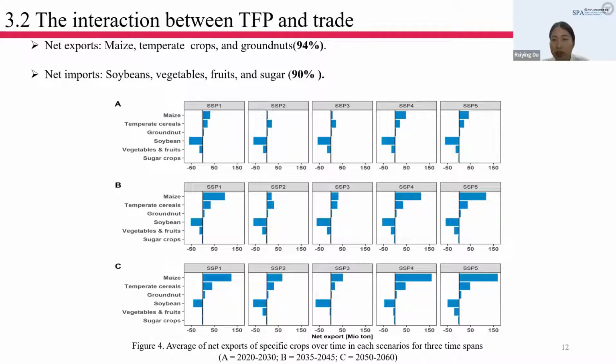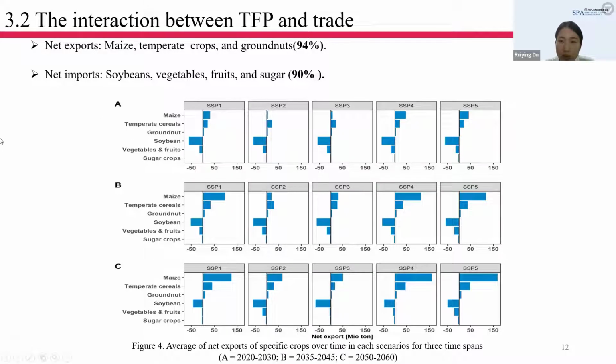Since a large number of studies have shown that TFP has a significant impact on trade, we also analyzed China's future trade situation. Figure 4 shows the average net exports of specific crops over time in each scenario for 3 time spans.